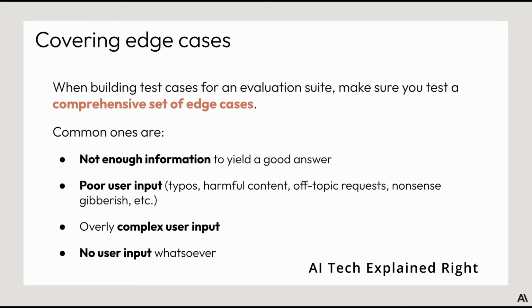Among the most common edge cases are ones where the model does not have enough information to yield a good answer, when the user input is poor, including typos, harmful content, off-topic requests, or nonsense gibberish. We have overly complex user input as well. And last but not least, when we don't have a user input at all.